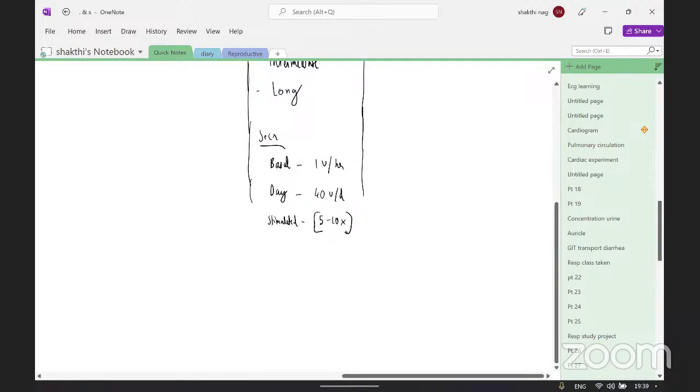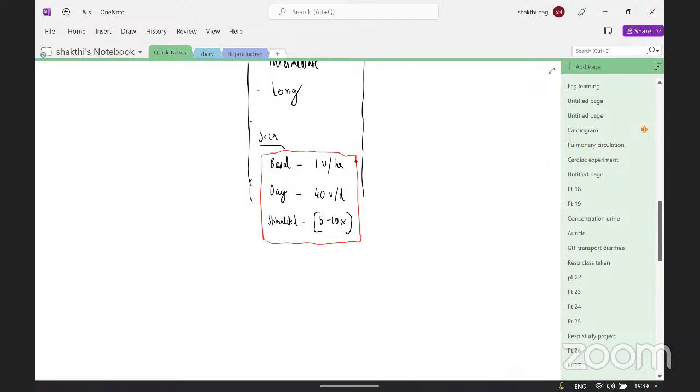So throughout a day, although it is 1 unit per hour for a basal level, because of the 5 to 10 times increase during stimulation, it comes to around 40 units per day. I want you to remember these values, because when you give insulin to patients for treatment, you have to understand this concept. Based on this, you decide how many units of insulin you need to give to a patient.